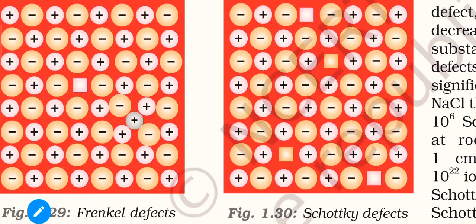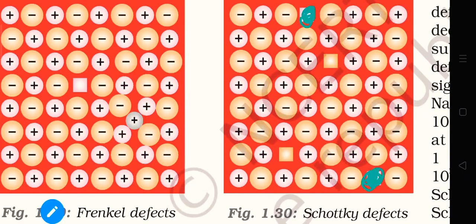As we can see, this location is actually the location of a positive ion. Similarly, this second location is an actual location of a positive ion, but the positive ions are removed from those locations.